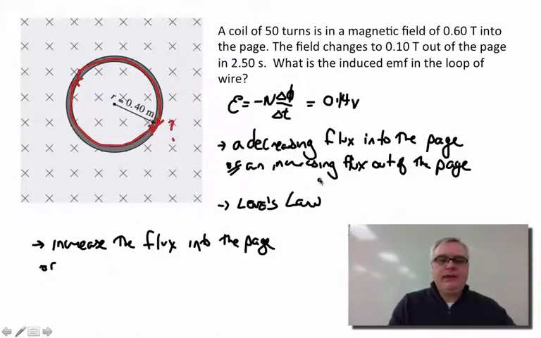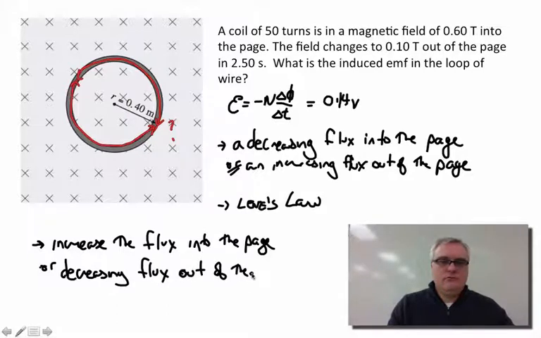Or if I have an increasing flux out of the page, the opposite of this would be a decreasing flux out of the page. So notice that what I've done is basically written down the opposite. If it's a decreasing flux into the page, I have an increasing flux into the page. If I have an increasing flux out of the page, a decreasing flux out of the page. So I basically am writing down the opposite of this.